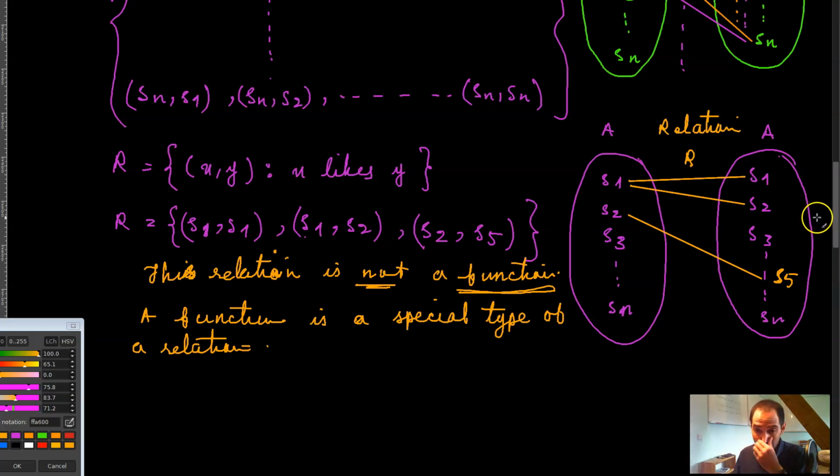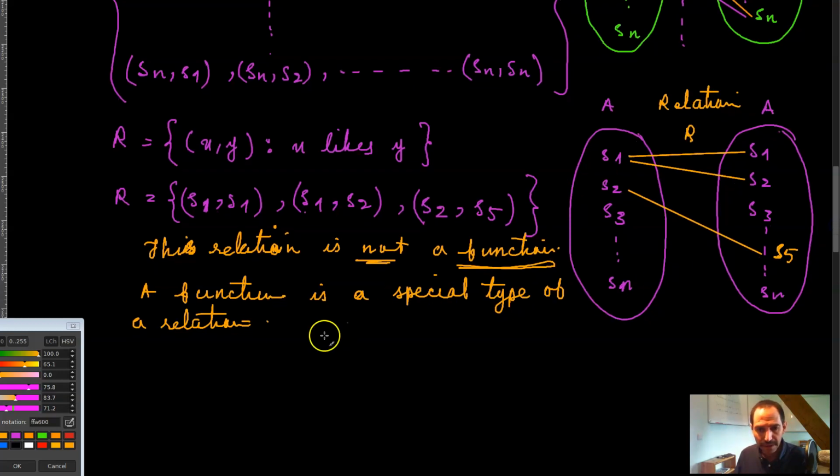Now, what is basically the rule, the properties that have to be taken into consideration so that the relation becomes a function?